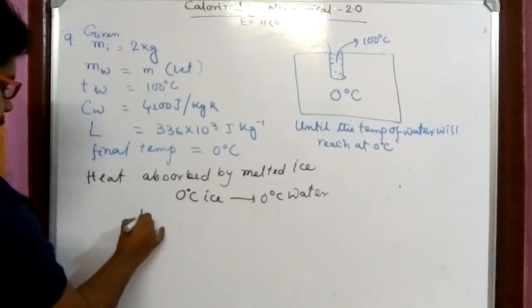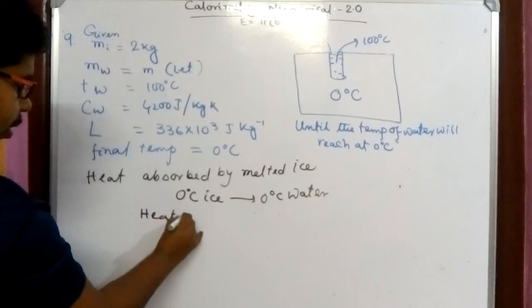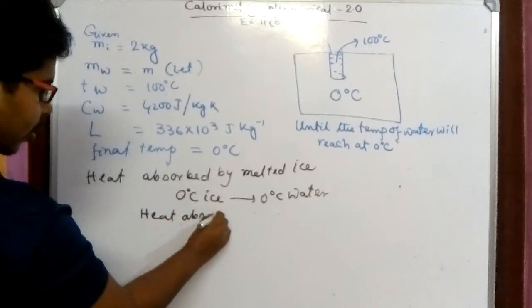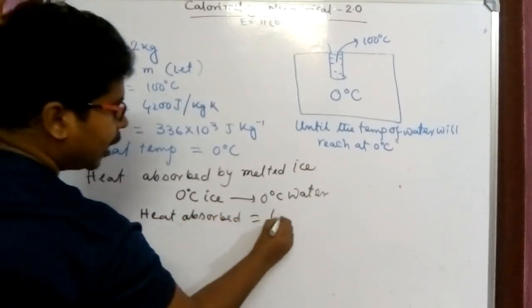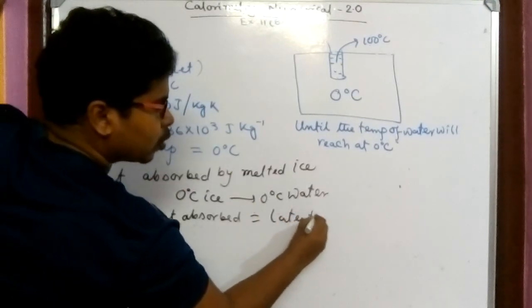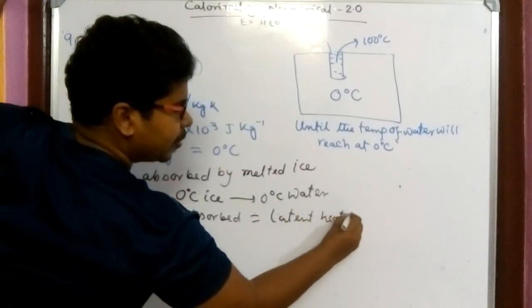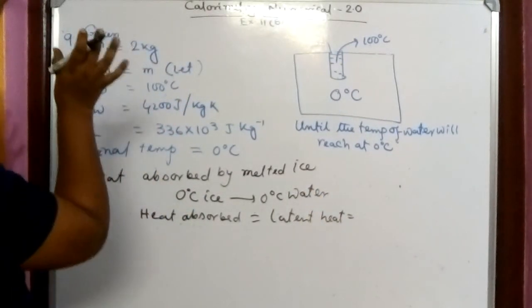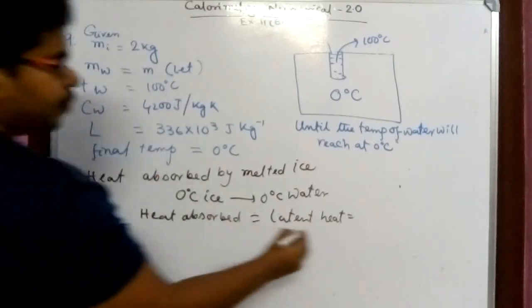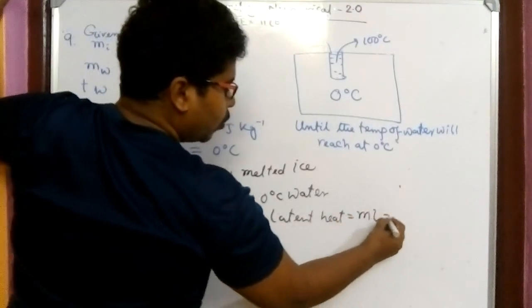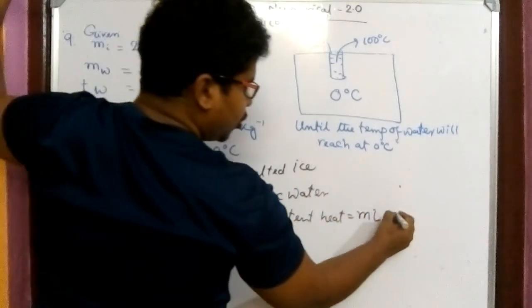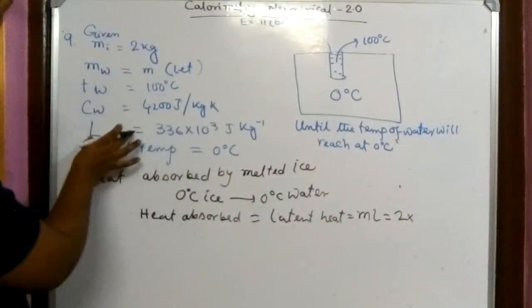So heat absorbed should be equal to the latent heat, because only the state change occurs, and latent heat equals mass into L, that is m into L. What is the mass here? 2 kg. What is the latent heat?